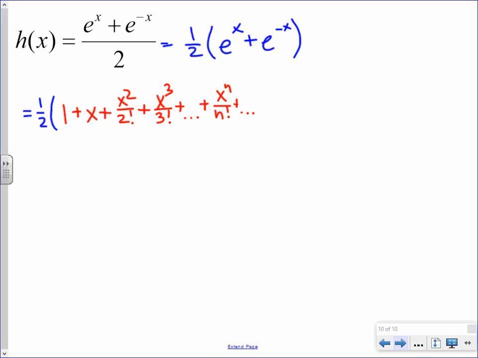What's going to happen with e to the negative x? All of our odd powers are going to turn negative. Do you agree? Okay. So we're going to get 1 plus negative x plus negative x squared will stay positive plus negative x cubed will turn negative.